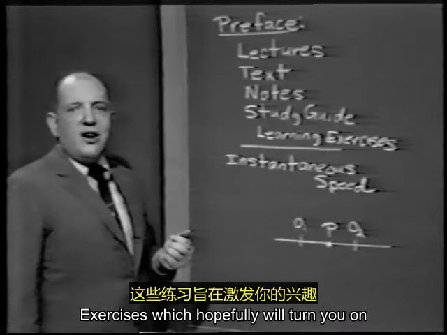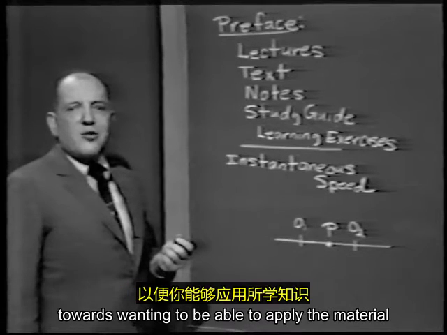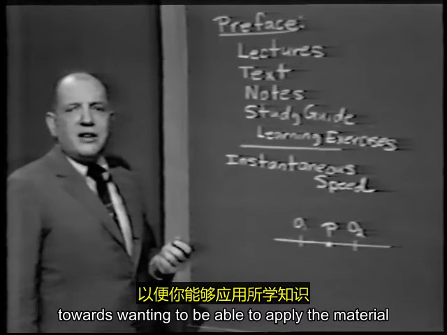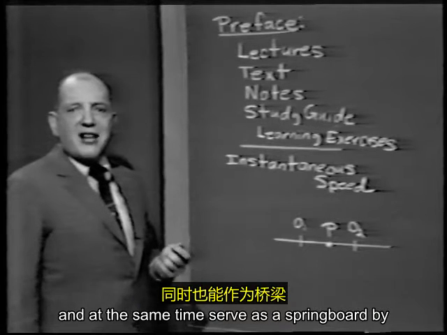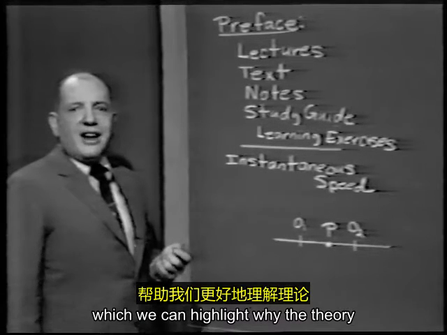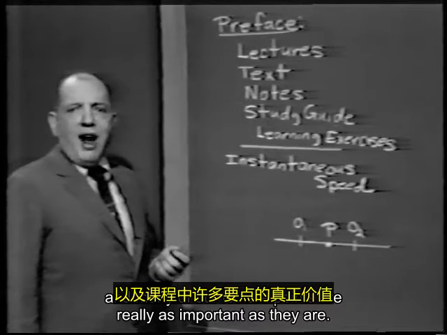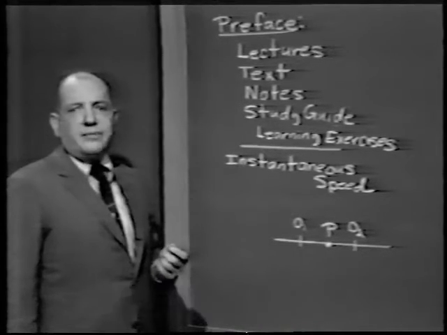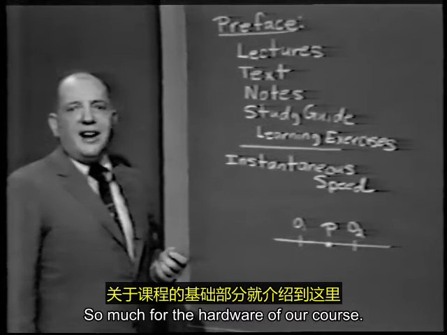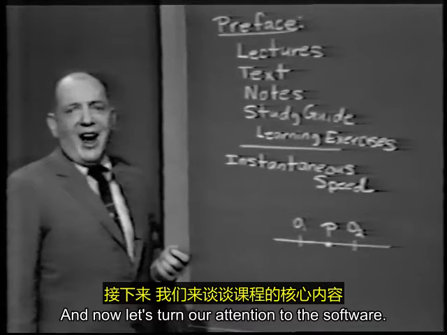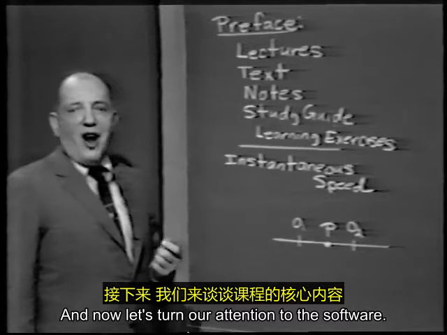Exercises which hopefully will turn you on towards wanting to be able to apply the material and at the same time serve as a springboard by which we can highlight why the theory and many of our lecture points are really as important as they are. So much for the hardware of our course. And now let's turn our attention to the software.